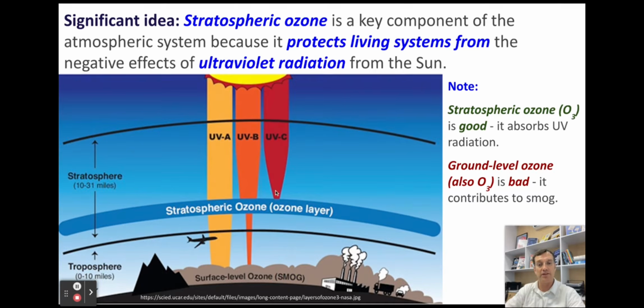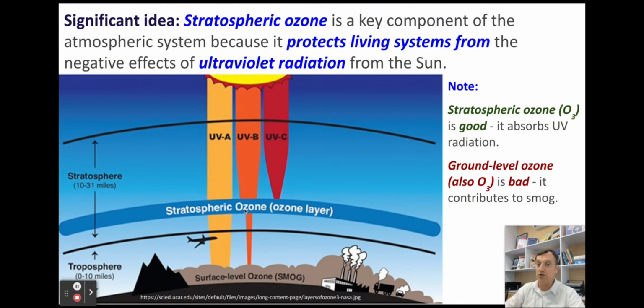You can see that there's very little of the UVC or the UVB penetrating that layer. Stratospheric ozone is good for living organisms and our planet because it filters out this ultraviolet B and ultraviolet C.